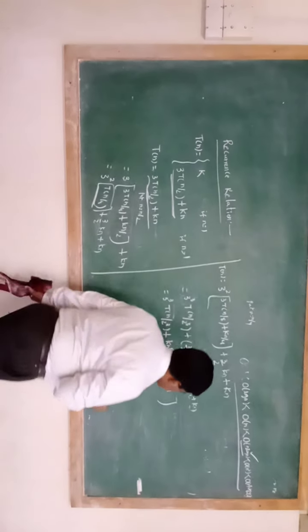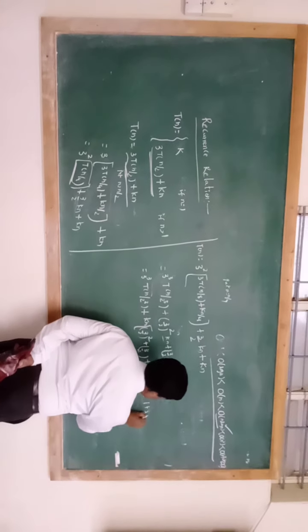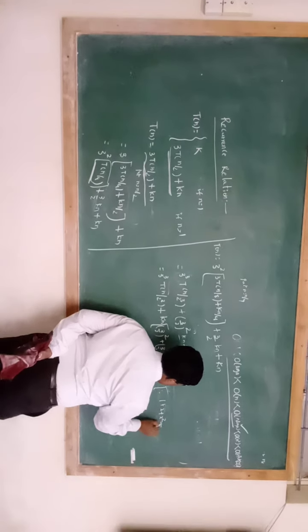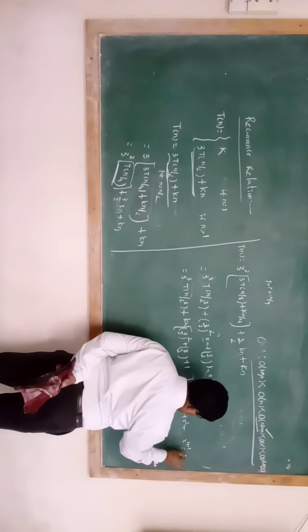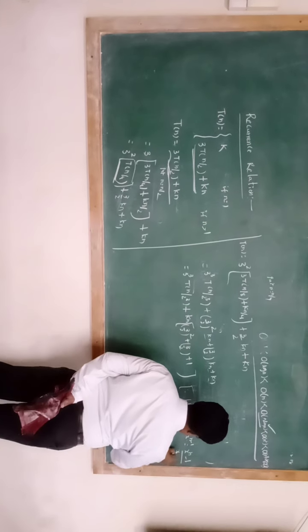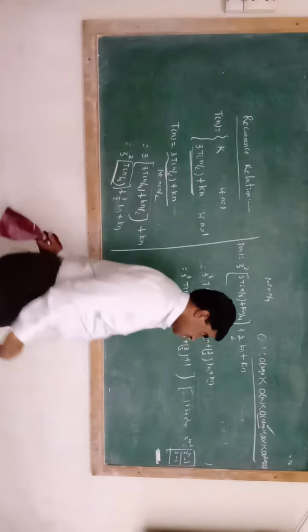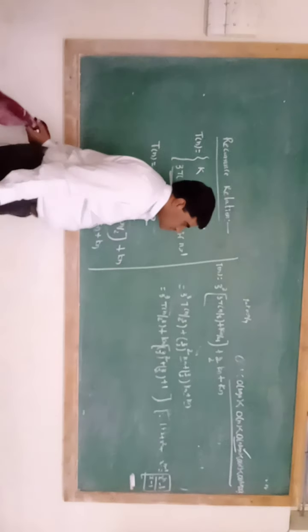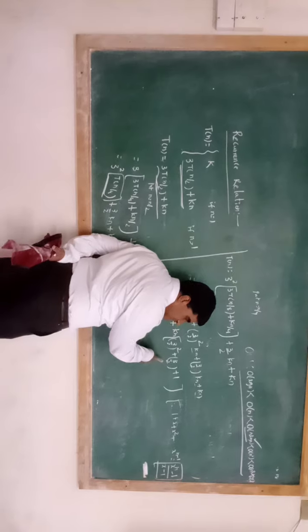We know the formula: 1 + x + x squared up to x raised to n minus 1 equals (x^n - 1)/(x - 1). Now instead of x we write 3/2.